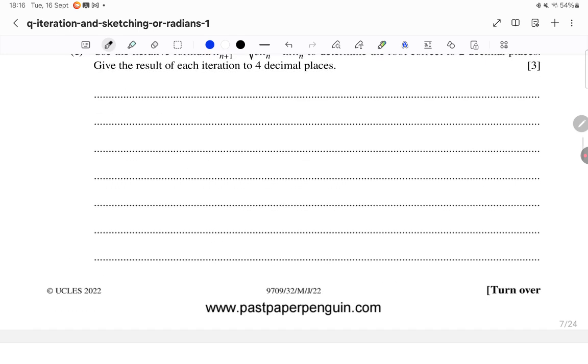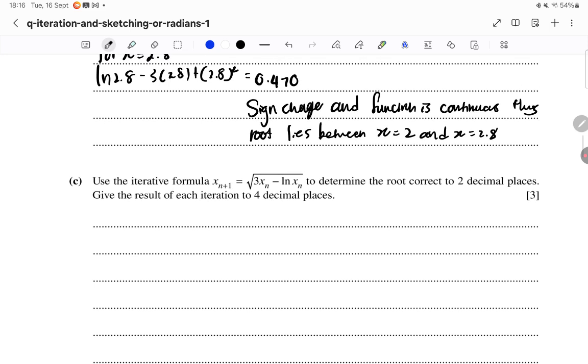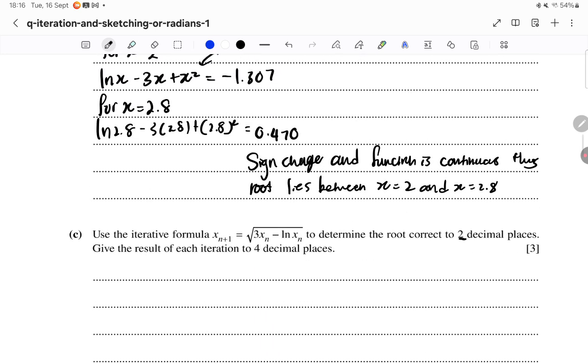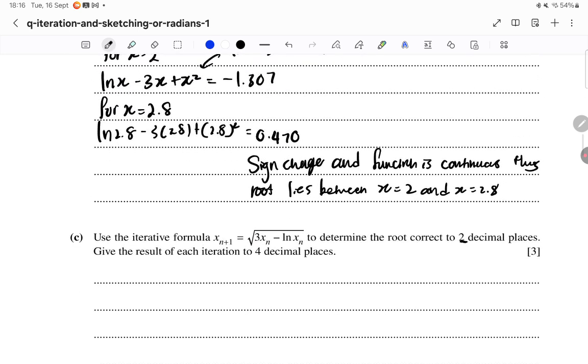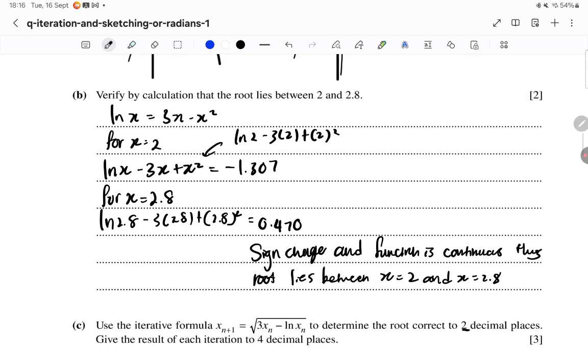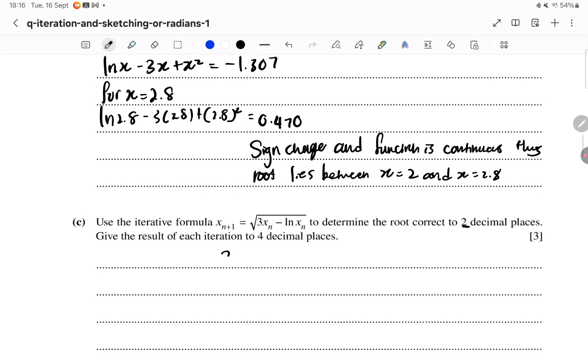Done. Okay, so use the iterative formula they've given us to determine the root. Correct to 2 decimal places, give each iteration to 4 decimal places. So if they didn't tell you which root to start with, you can actually choose either one. Personally, I prefer the lower root because I just prefer it better. So we're going to start at x1, which is 2.0000.